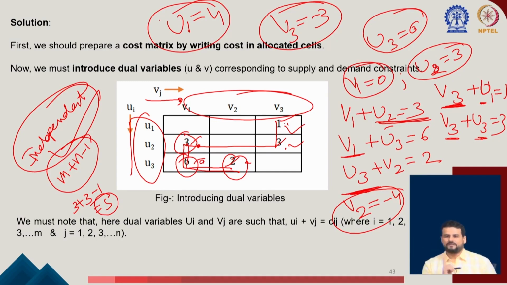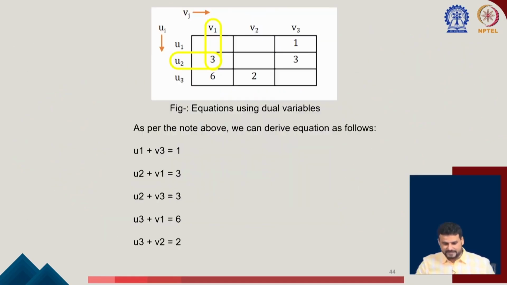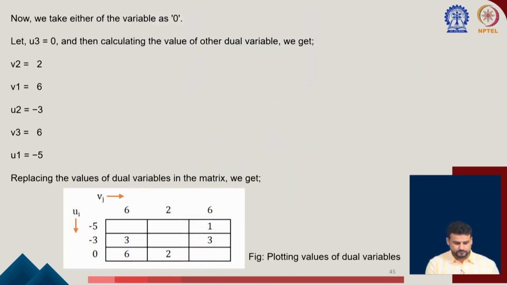So if you put any one variable equal to 0, you can solve the rest of the equations. Now we have the values of v1, v2, v3, u1, u2, u3, right? You can write these values down, these are the equations I already solved, and this is how we found all those values.